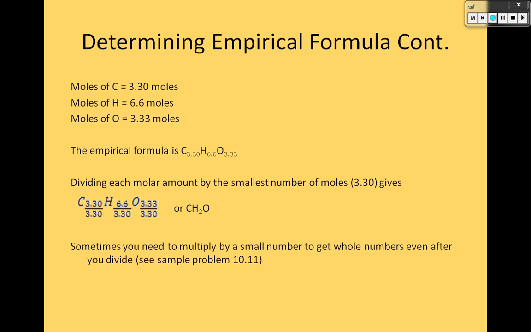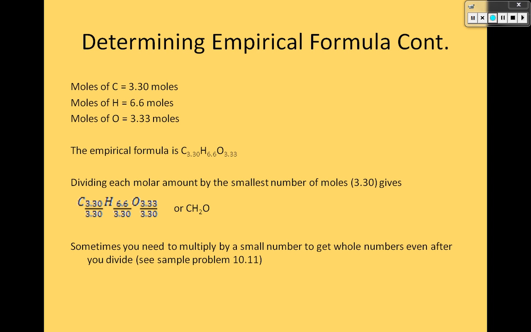One thing to note is in this example, it came out very nicely with a 1-to-1 ratio. Sometimes you end up with something like 1, 2.5, and 1. And so what you then need to do is multiply by a small number to get whole numbers even after you divide. So there's a great example of that in your book.